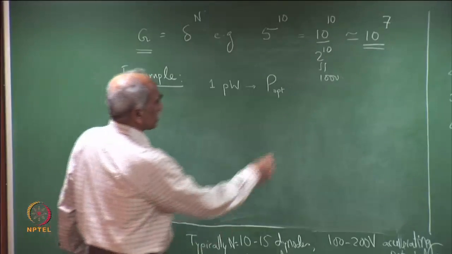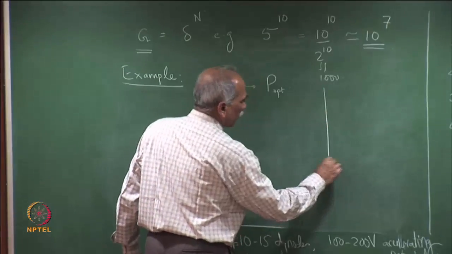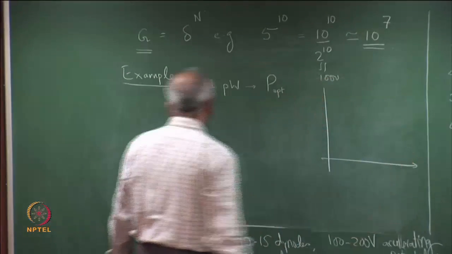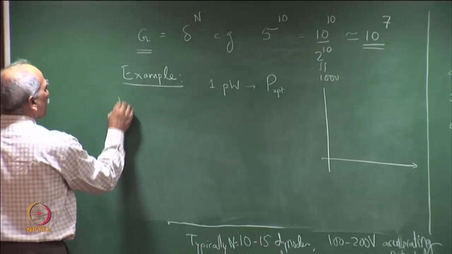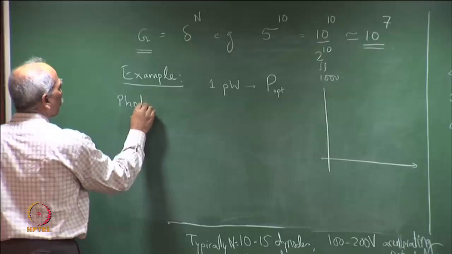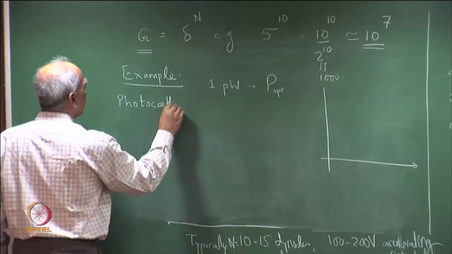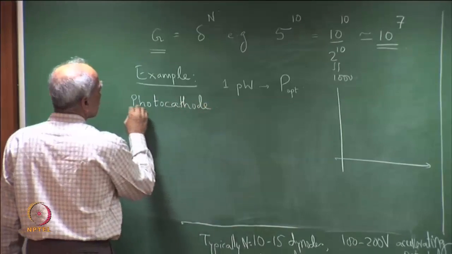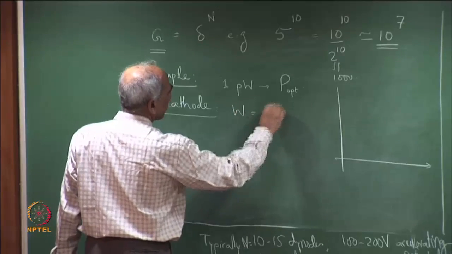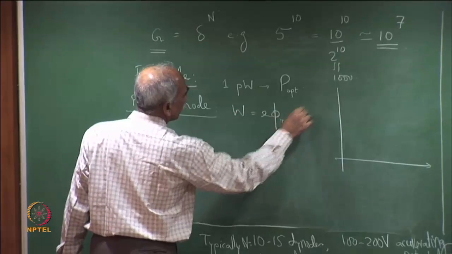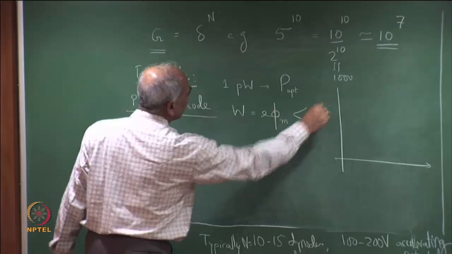So, the typical responsivity of the photocathode material. Before I continue with the example, let me talk about the photocathode materials. The photocathode must have a work function, E phi m, which should be less than h nu.